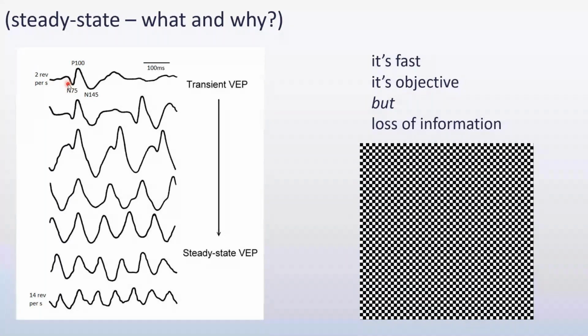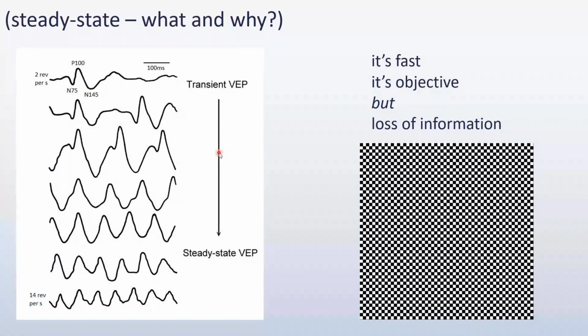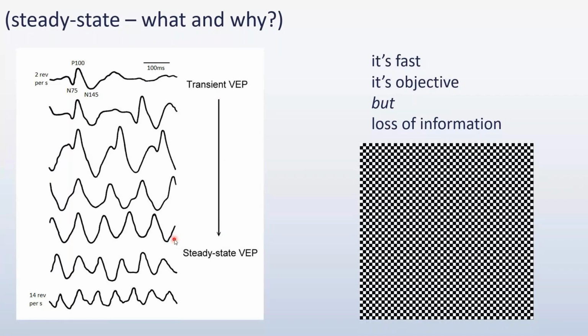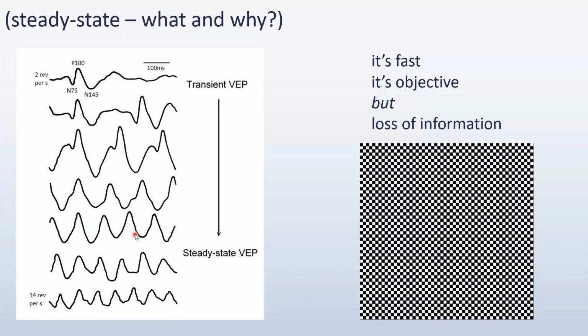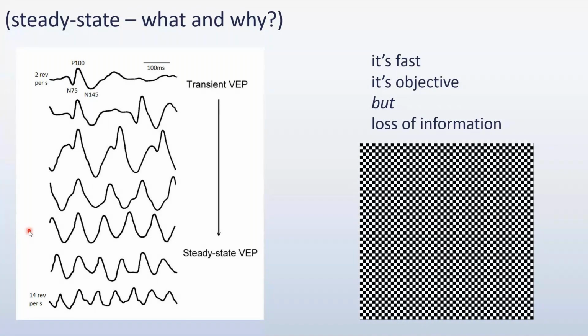Now, by increasing the reversal rate, the waveform that gets evoked can look quite like a sinusoidal wave shown around about here. And that means that this waveform can be really simply represented in the frequency domain by widely spaced harmonics, which remain relatively constant in amplitude and phase. That's a steady state response.